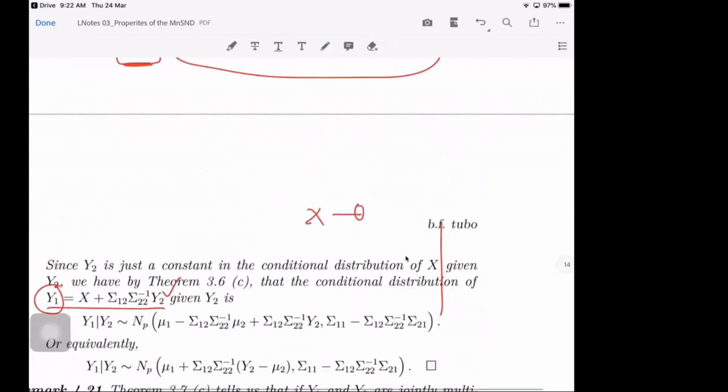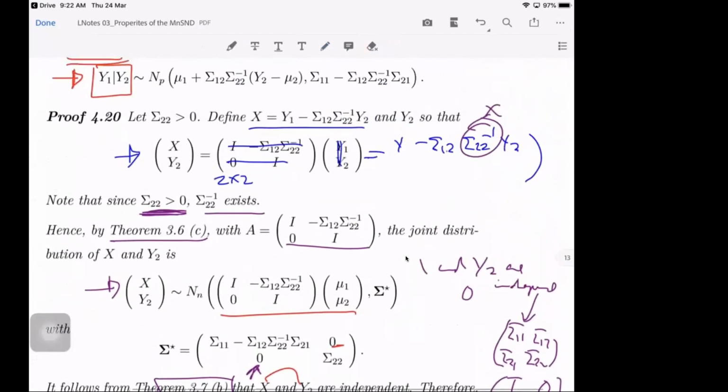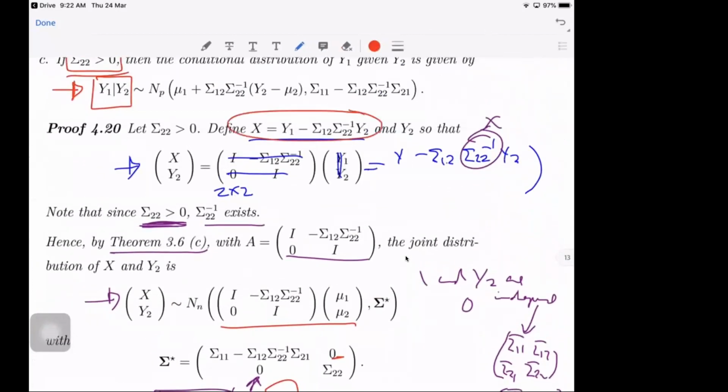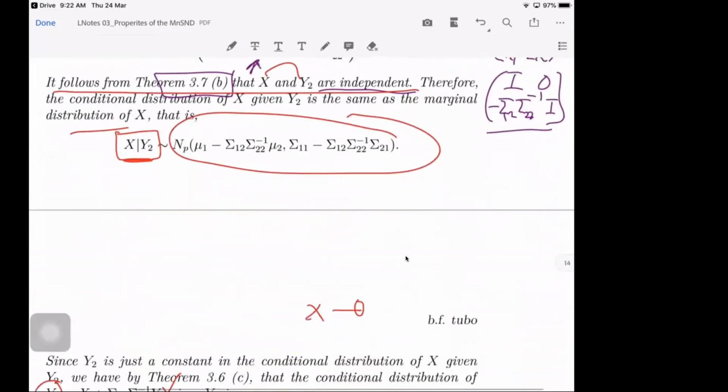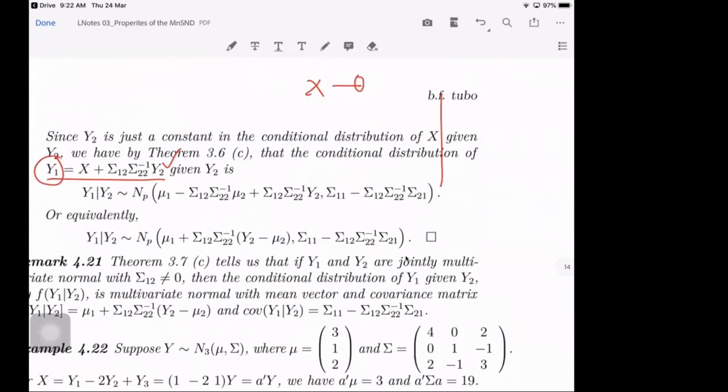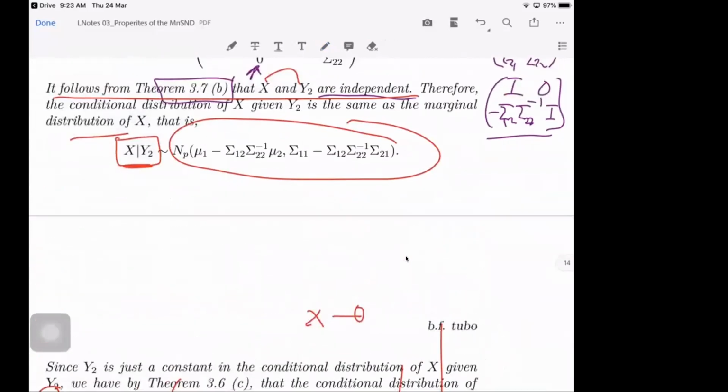So y1, this is how we define x, and then you solve for y1, move the x. So you have this. What we want is not the conditional distribution of x given y2.